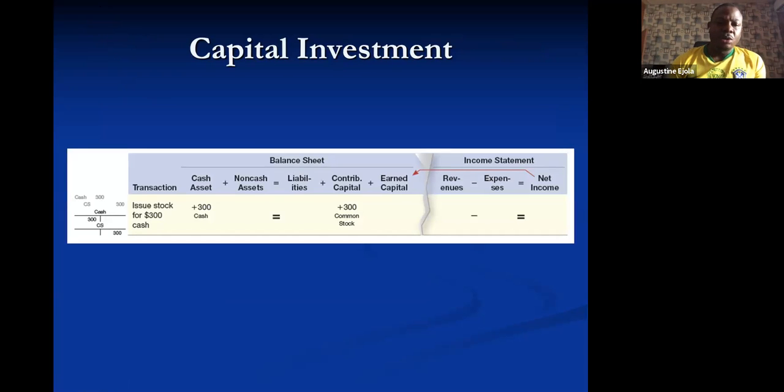Same thing with your capital. If there is an increase in your capital, what do you do? It means that it's going to come in by way of credit, because your owner's contribution or the member's contribution will increase, and of course your cash will be debited because you have received cash.